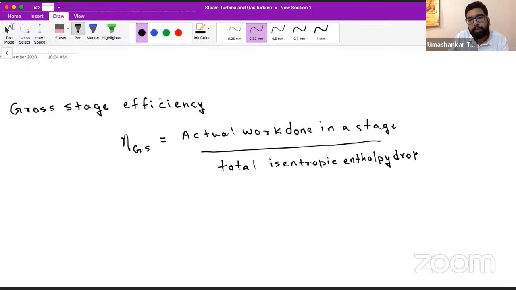This is what we mean by the gross stage efficiency of an impulse turbine, of a steam turbine.